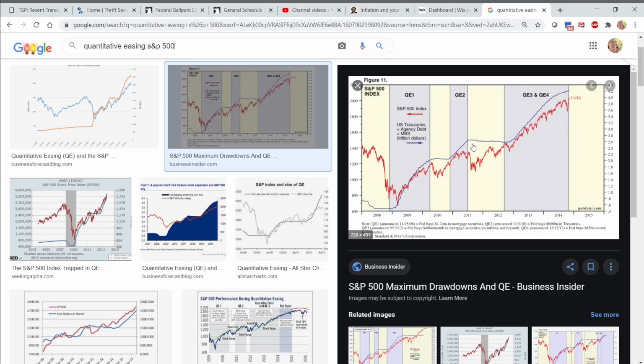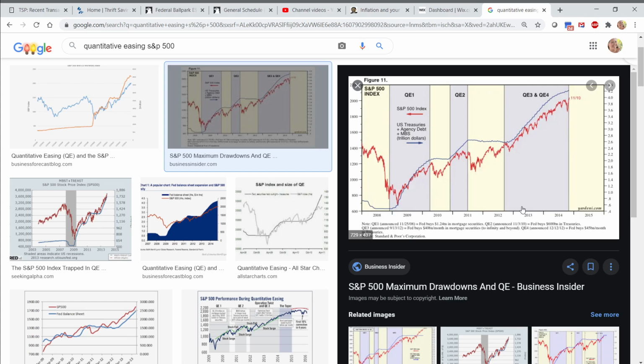So it could be argued, and it's basically a proven deal, that the amount of money they've printed since 2008 till today has artificially propped up and inflated the stock market. So that is really the sole basis for why I moved a big portion of my funds from the safe fund to the C fund.